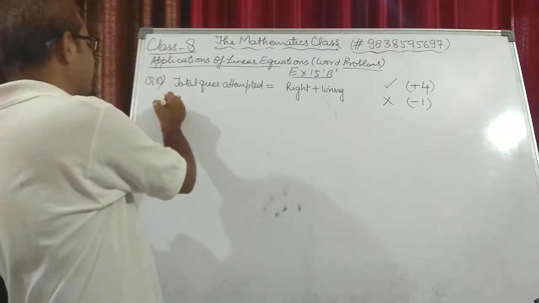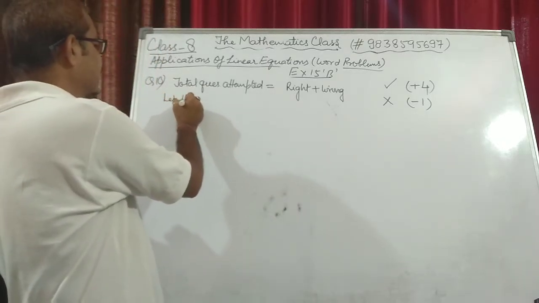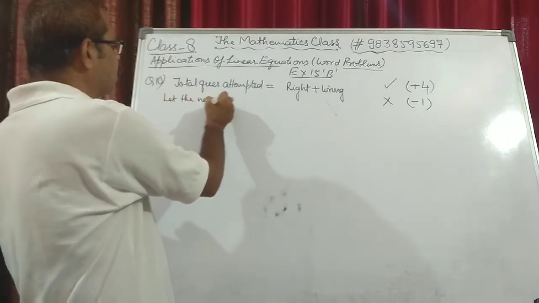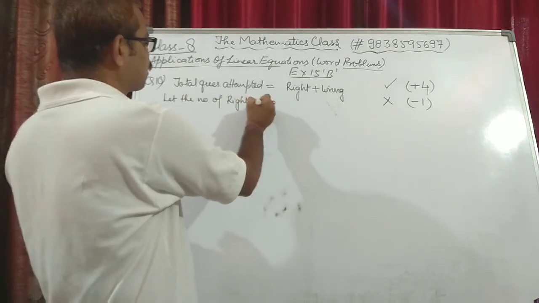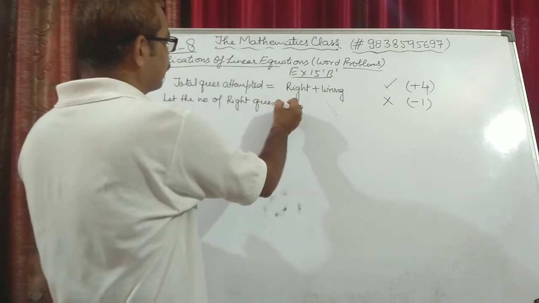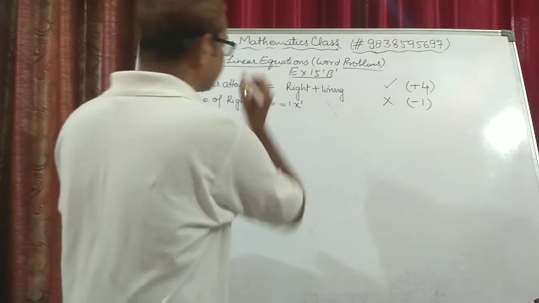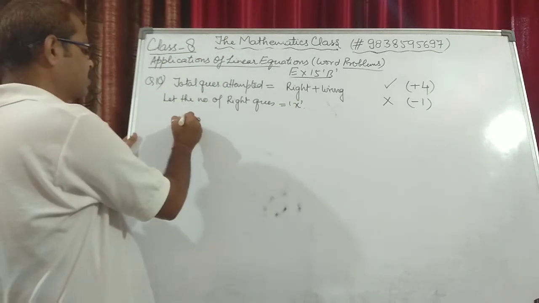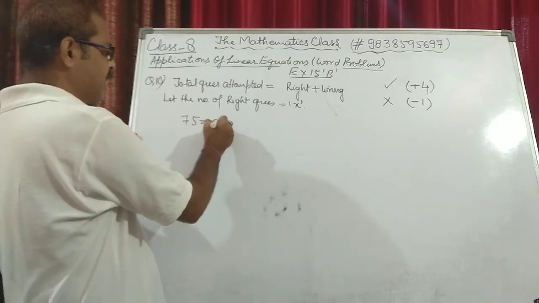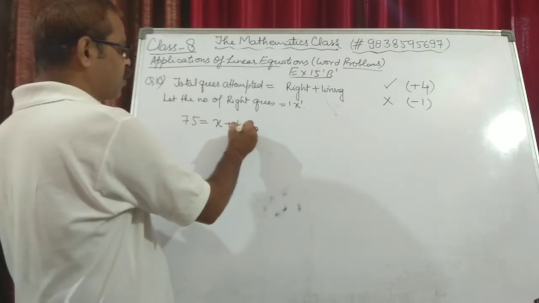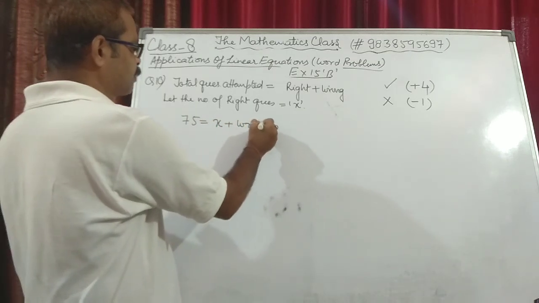So we will assume let the number of right questions be x, and out of the total 75 questions, x were right and wrong we have to find out.